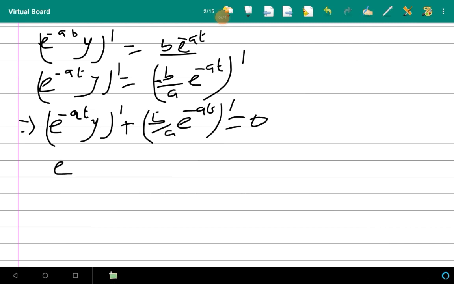I can factorize everything inside the bracket: y plus b over a e to the power negative at, all prime is equal to 0.